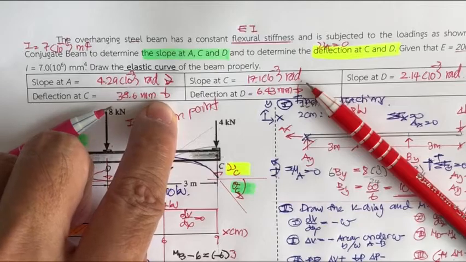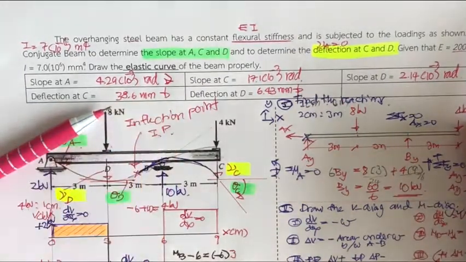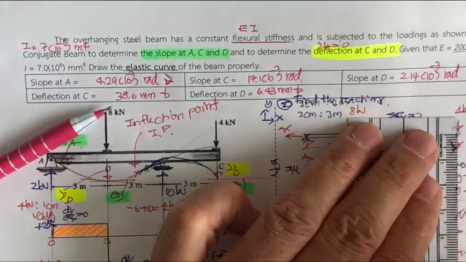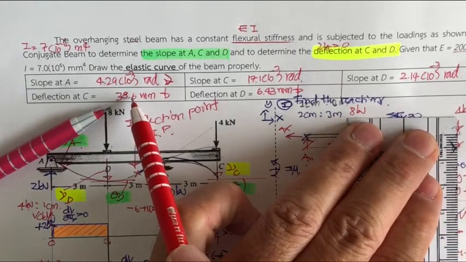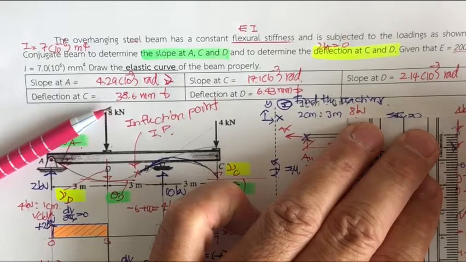If we follow this, let me put this one here, and let this one have about 40. Let me put a 40 millimeter deflection to be 1 centimeter.